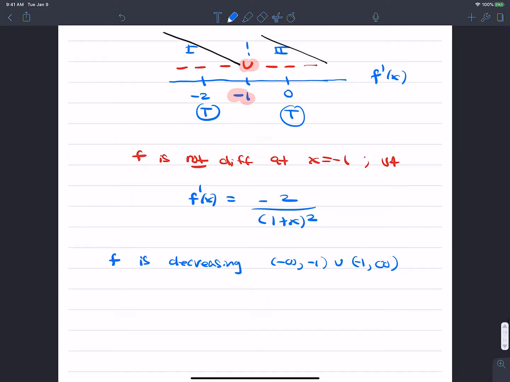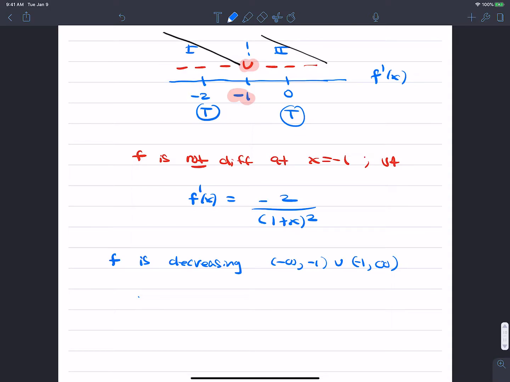And furthermore, is this function increasing ever? The answer is no. So f is only decreasing. There are no locations where your function has a positive derivative. It's strictly negative, so it's decreasing.